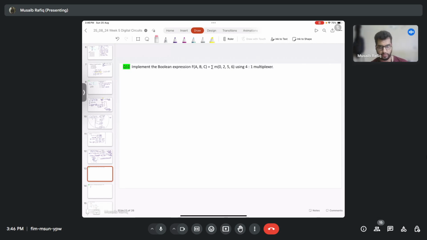So let me repeat the question. Implement the Boolean expression f of a, b, c equal to sum of minterms 0, 2, 5, 6 using a 4:1 mux. Keep b and c as your select lines, a as the input to the multiplexer. And you can write your answers as the inputs I0, I1, I2, I3.